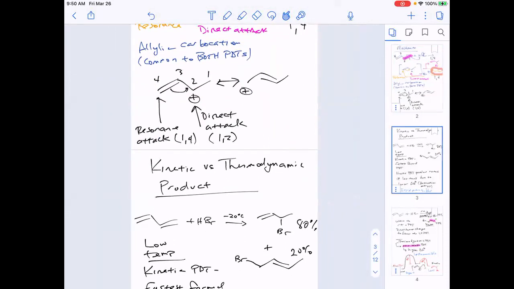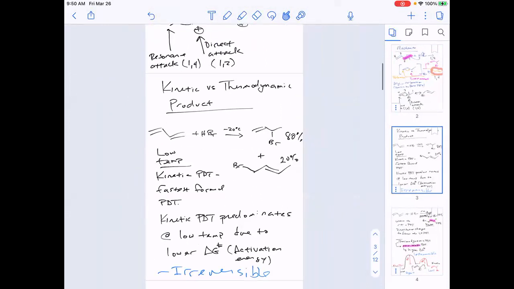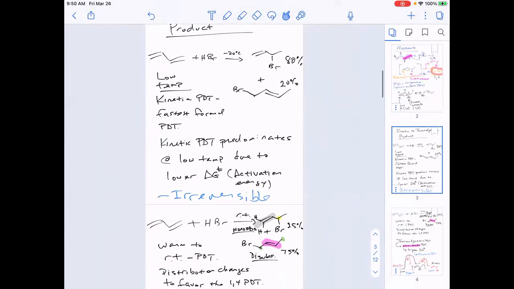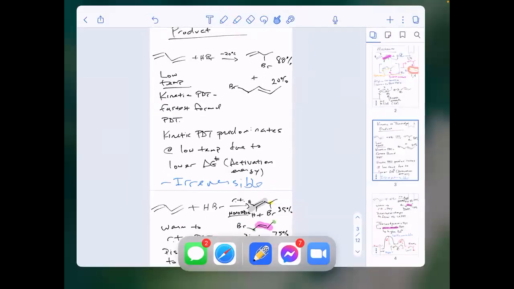We also know that you can control the product distribution by the temperature. At low temperature, you get the 1,2 product as the favored product. At higher temperatures, you get the 1,4 product as the favored product.